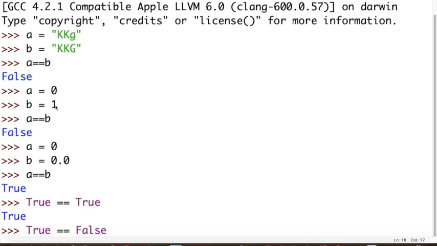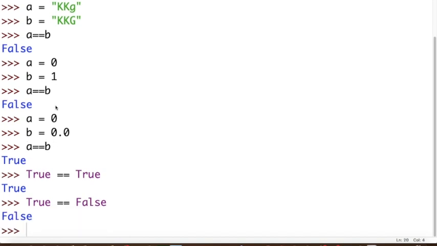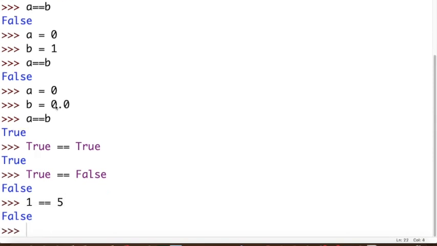Since they are not equal, the equality between them will give us a false value. Now let us compare the next question. 1 equal to 5. Now 1 being a data object, 5 being another data object, and both of them are not similar, this will give us false.